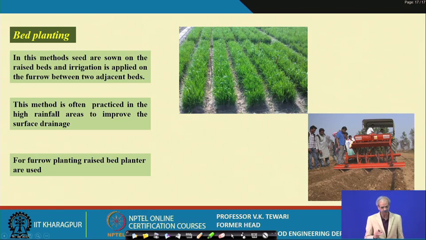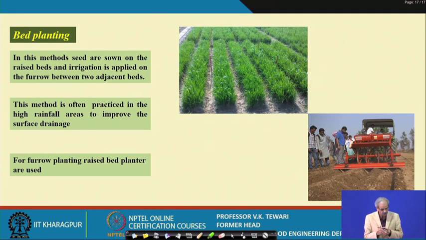Bed planting, well, as shown earlier in the slides, I have shown you that raised bed. You would like to have bed planting where you have clear-cut spaces left for the other operations to be carried out, whether it is irrigation or interculture operation, and enough space for the crops to grow.